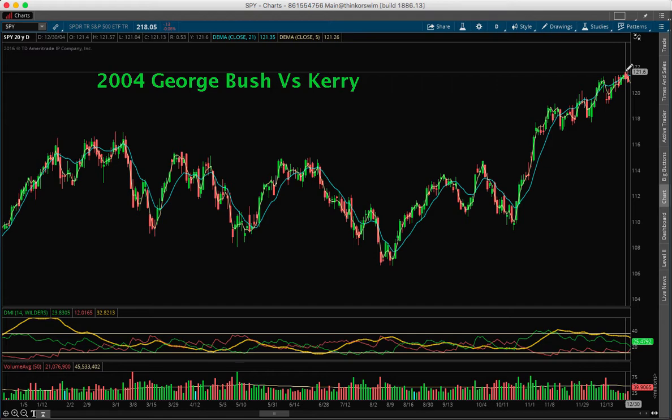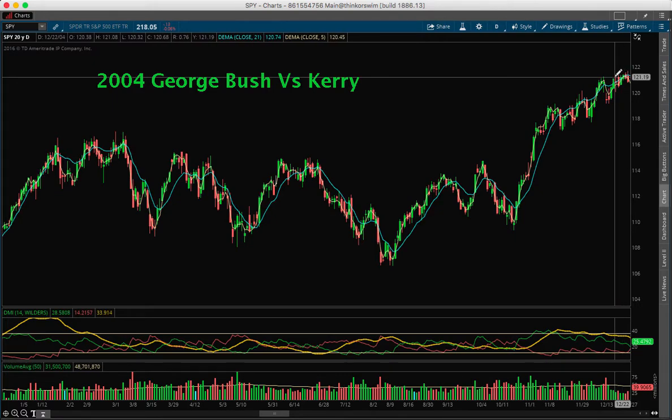If we check the data from 1900, post-election year is usually 3%, midterm is 4%, pre-election year is usually between 11 to 12%, and the election year, as I told you, is 9.5. That's the average since 1900. So in 2004, we finished below average at 8%, but it went up, so it's good.